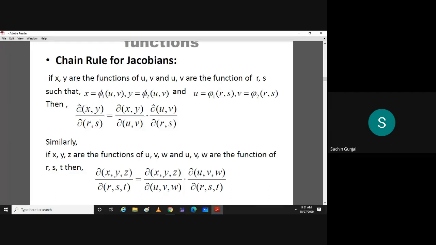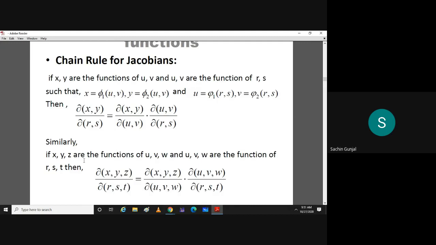So how to calculate the Jacobian of xy with respect to rs? It is the Jacobian of xy with respect to uv into the Jacobian of uv with respect to rs. So this is the chain rule for the Jacobian, and it is also applicable for n variables. Here it is for 3 variables.